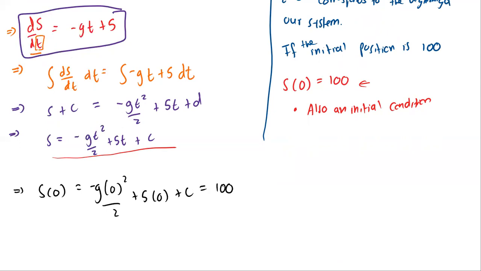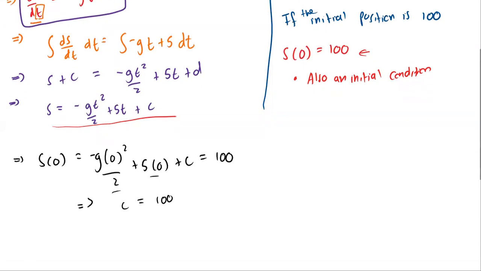And basically with this, we can solve for c to get the specific position function that satisfies this model, this differential equation, and this initial condition. Let's go ahead and do that. So what is this equal to? 0 squared is 0. 0 times anything is 0. So we get 0 for this. 5 times 0 is 0. So all we're left with is c equals 100.